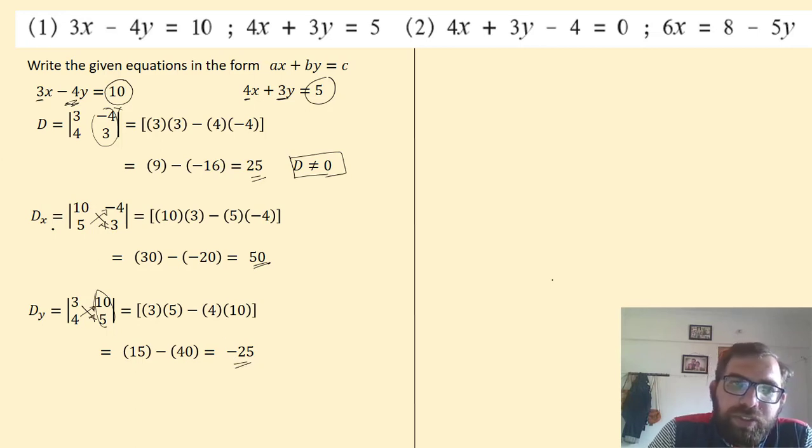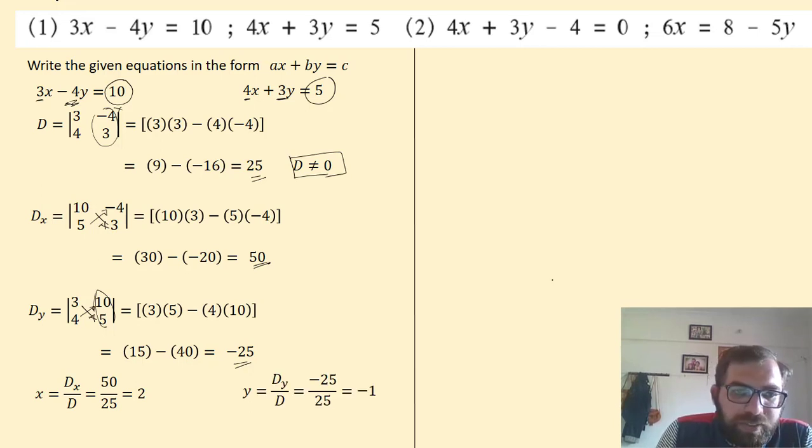So you got d, you got dx, you got dy. Then x is equal to dx upon d. So see, x is dx upon d, 50 by 25, is equal to 2, and y is equal to dy upon d, which is minus 25 upon 25, is equal to minus 1.